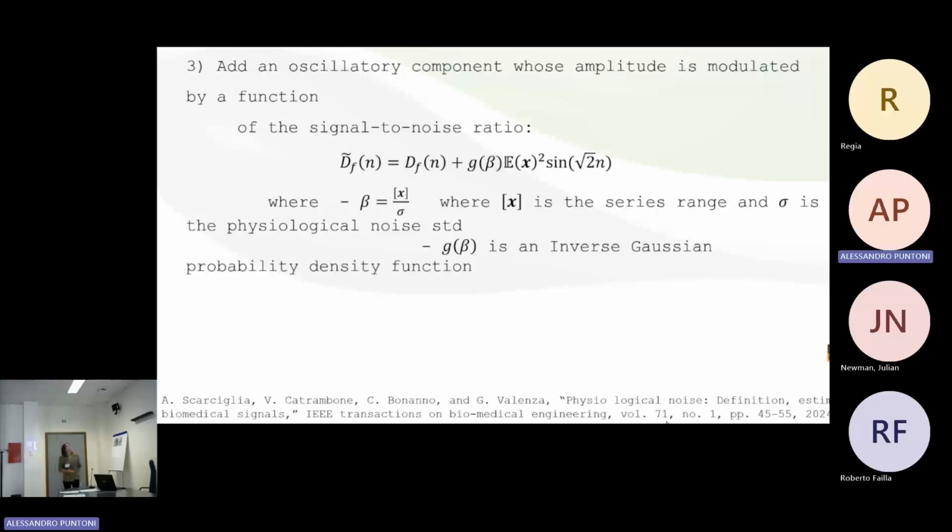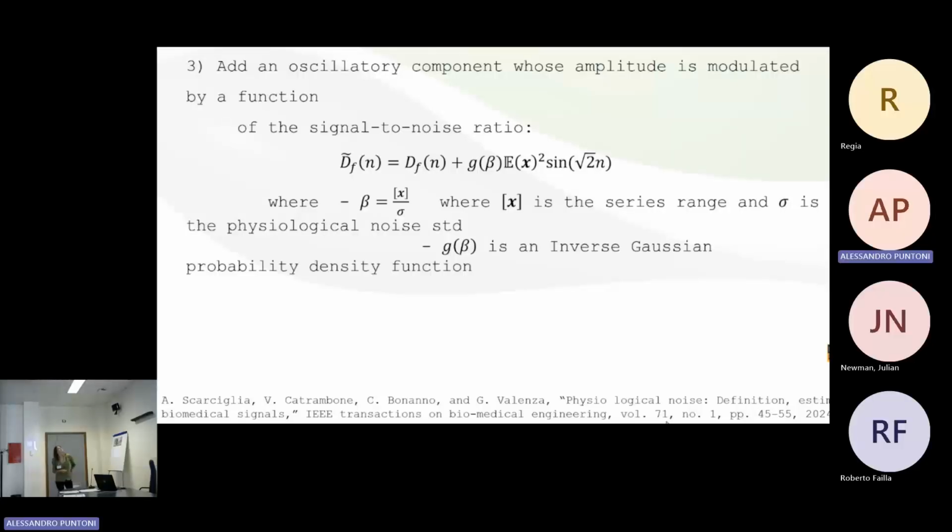To do this, we add an oscillatory component to the modified mean square displacement, whose amplitude is modulated by a function of the signal to noise ratio, G. The intuition behind this function G is that it should take values close to zero when the noise does not have a strong impact on the dynamics. Instead, it should take its maximum values when the noise has a strong impact on the dynamics.